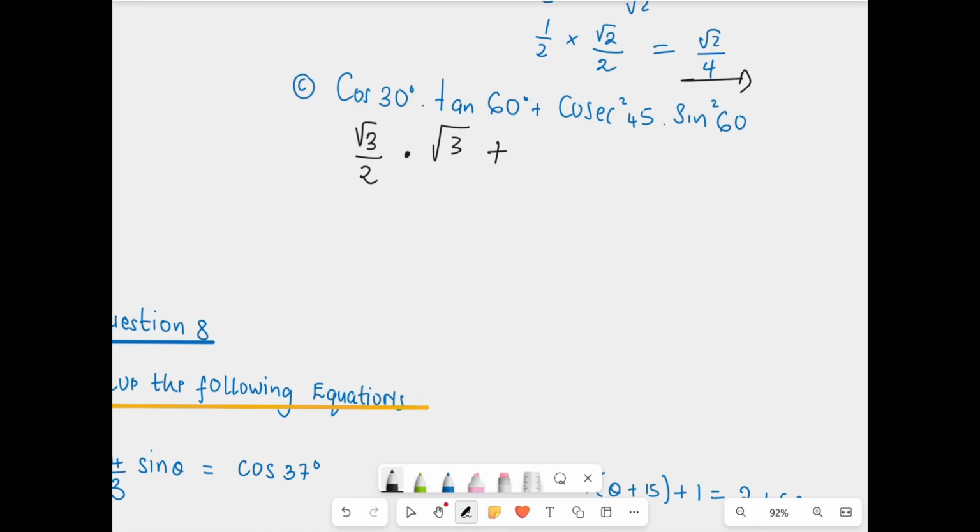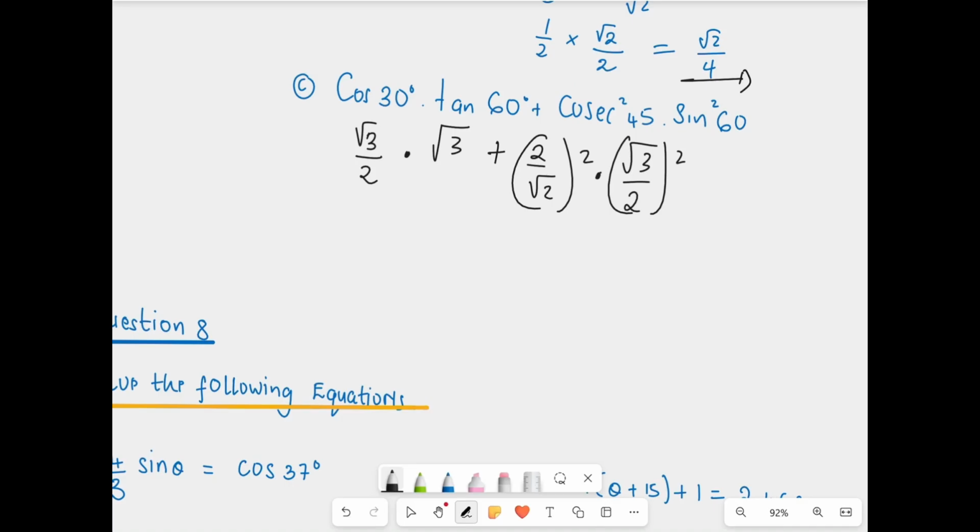Plus, what is cosec 45? Cosec is the reciprocal of sine. If you know sine 45 is root 2 over 2, that means cosec will be 2 over root 2, but all squared. Multiply by, what is sine 60? Sine 60 is the square root of 3 over 2, and then again, all squared.